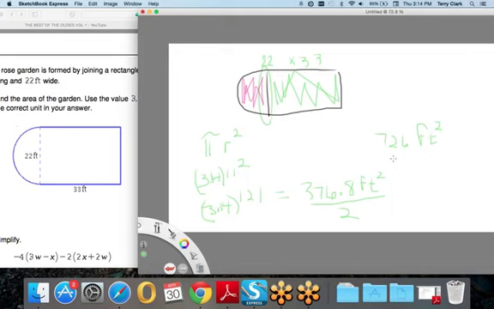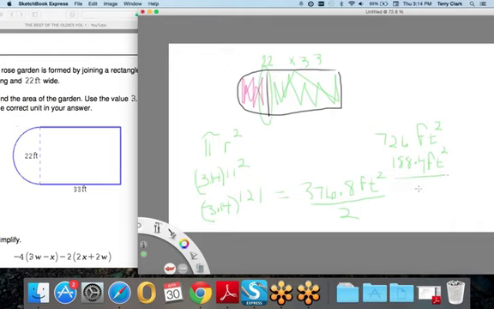And then that number is going to get added to the rectangle. Okay. And the reason why we divided by 2 is because we cut the circle into 2 pieces.